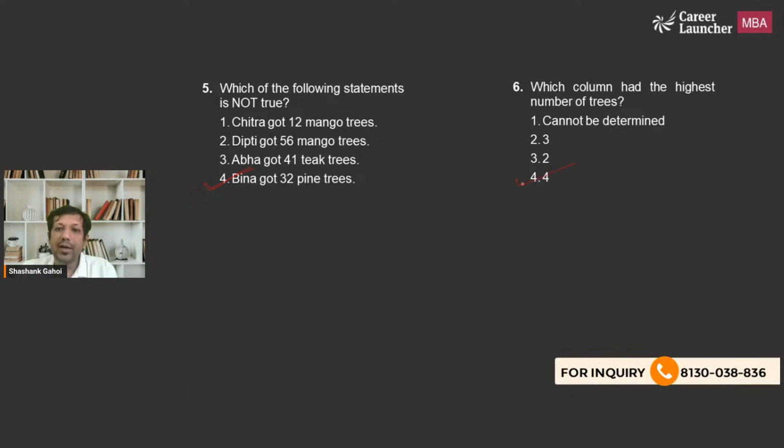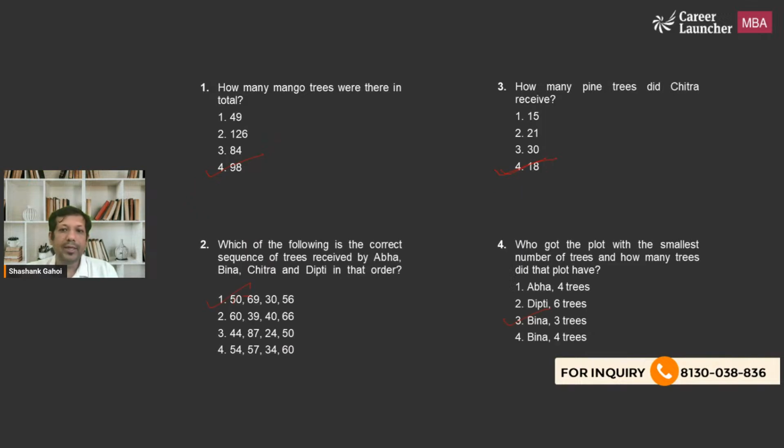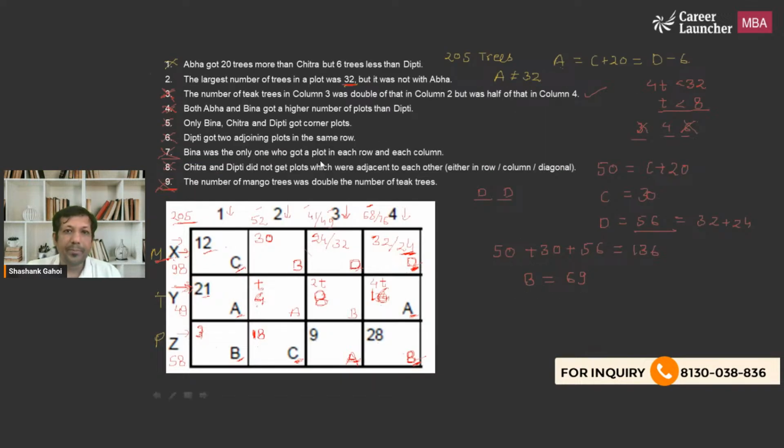So this is how we are going to solve this question set in the exam. This is, I would say, a subjective approach to solve this set. Now, can we solve it with a different approach? Yes, definitely. Let me take a different approach to solve this set.